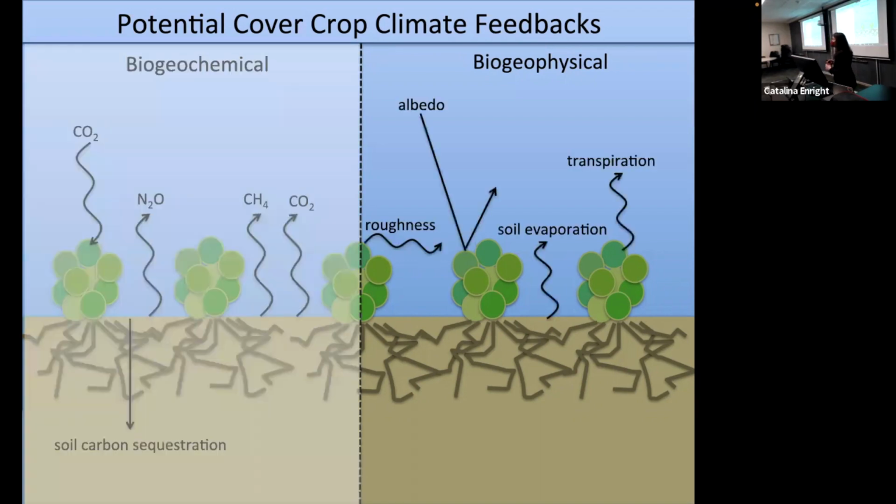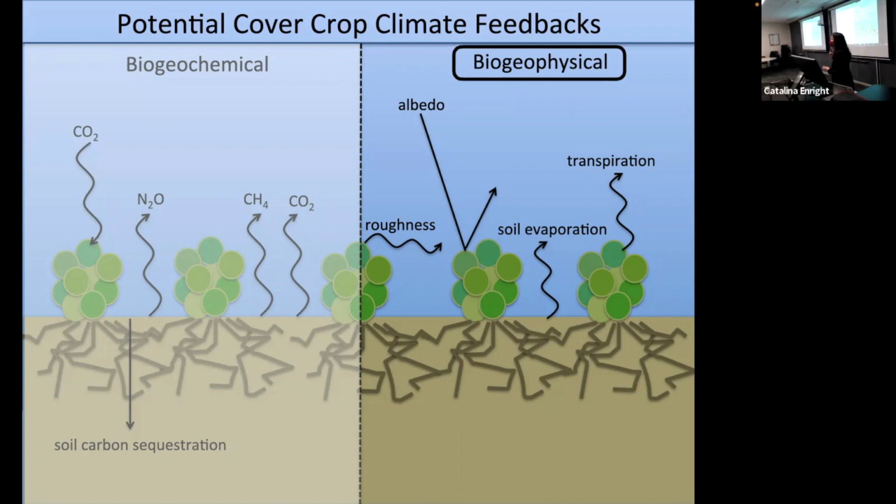On the biogeophysical side, these are more related to energy fluxes. And so we can think about cover crops as affecting surface roughness a little bit, also albedo, so the reflectivity of the surface, and then soil evaporation and transpiration, which collectively we call evapotranspiration. And so less is known about these biogeophysical impacts of cover crops.